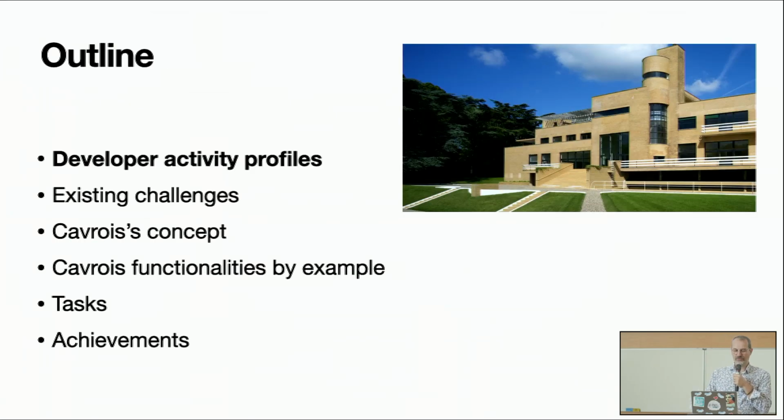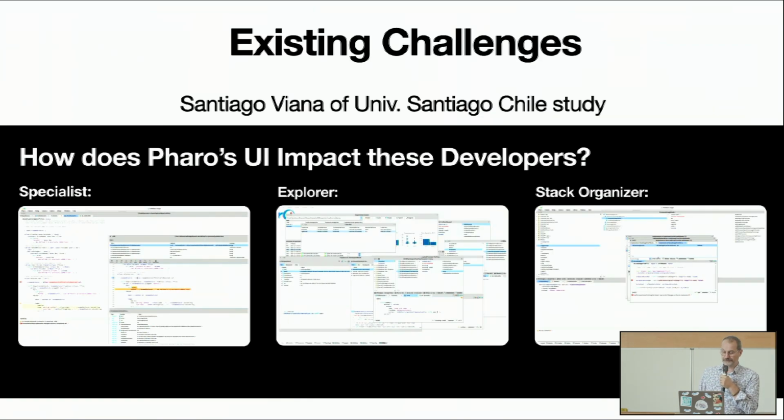We started with this goal, and then people from the design school in Santiago, in Chile, came to visit us. They recorded several sessions of 2 hours with different people in the team, because we all have different flows.